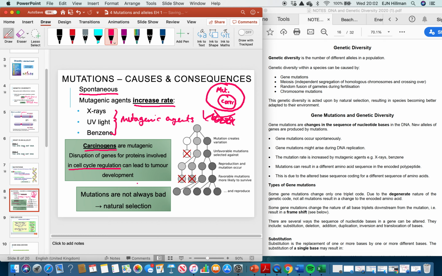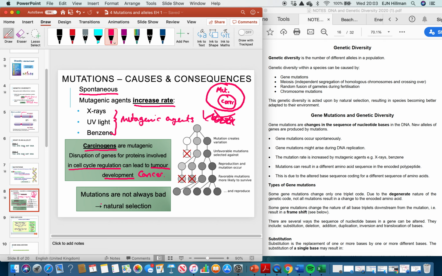So increasing or regulating the rate of the cell cycle, and in doing that they can lead to tumour development. So carcinogens might lead to tumour development or what we would consider cancer.